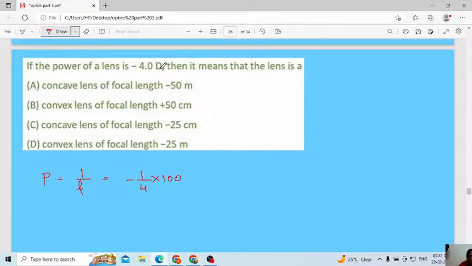Always the SI unit of D, dioptre, is in meter. Then convert in terms of centimeter, otherwise you will check. Then here you will get minus 25 centimeter. Then which is your correct answer? Even to confuse you, they have given meter also, centimeter also. Option C is the correct answer.